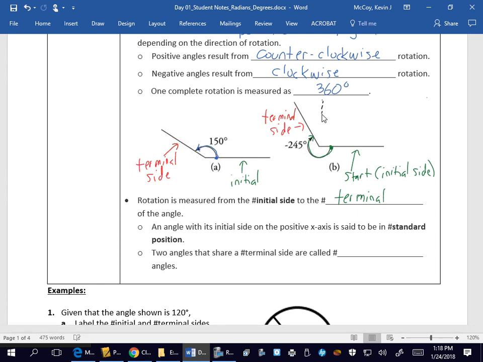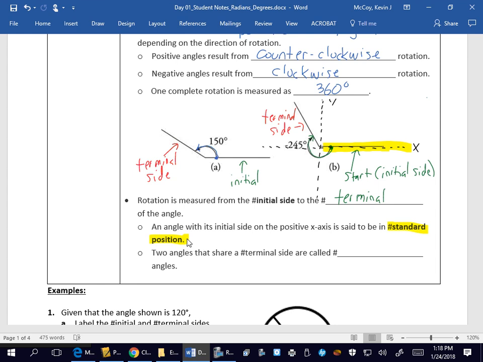If you say that this is the y-axis and this is your x-axis, well, now you can see how the positive x-axis right here, this piece right here, this initial side started on the positive x-axis. And if that's the case, that's what is called standard position.